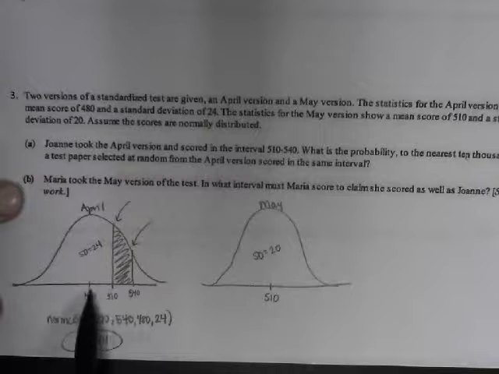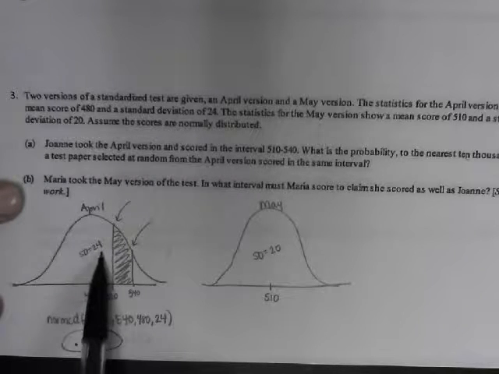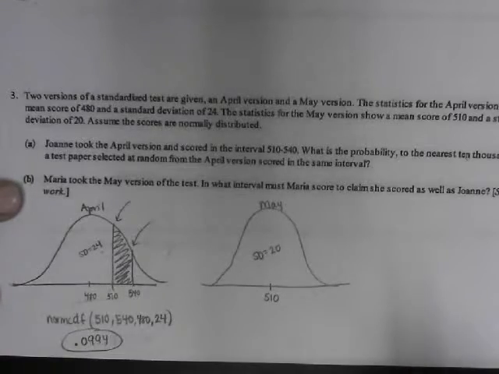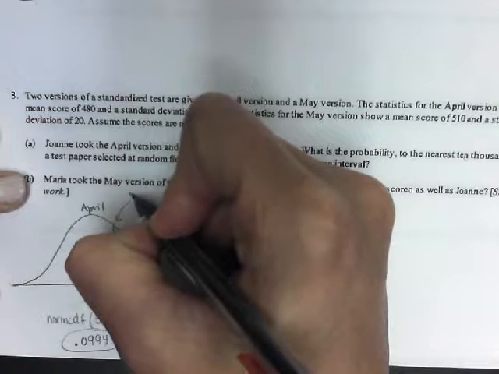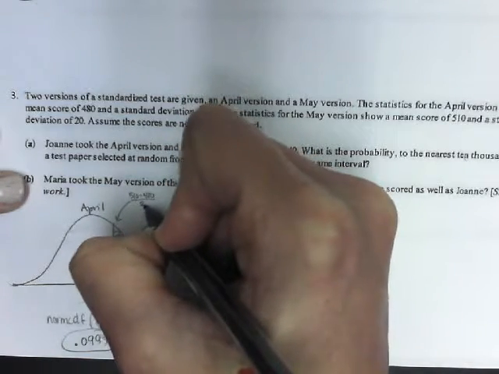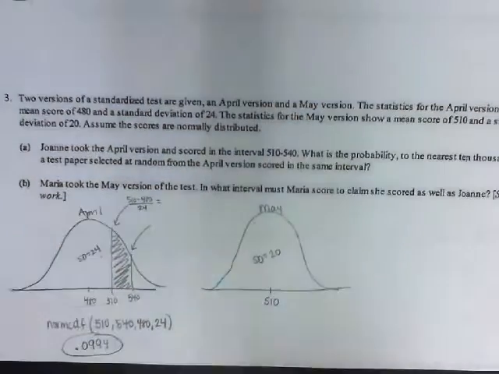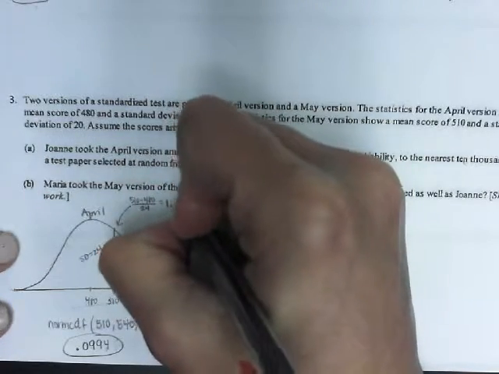It's 30 points higher than the average, but each standard deviation is only 24. So we're almost calculating a z-score. Our actual score is 510 minus the average 480, divided by the standard deviation of 24. That's a z-score of 1.25.